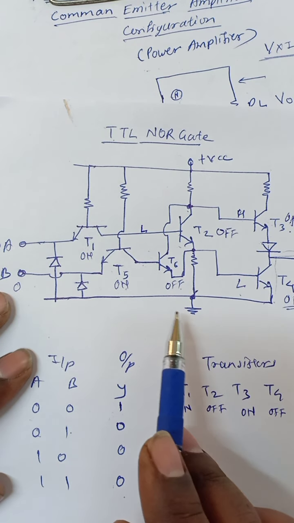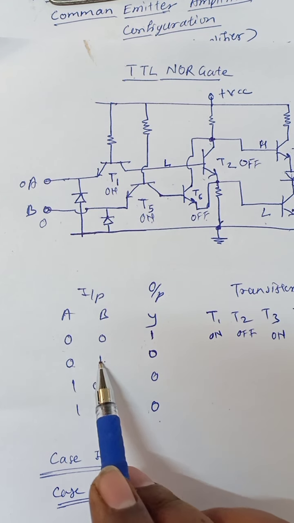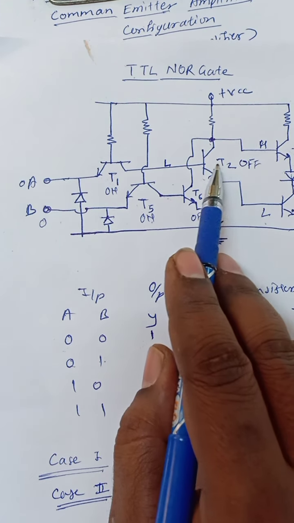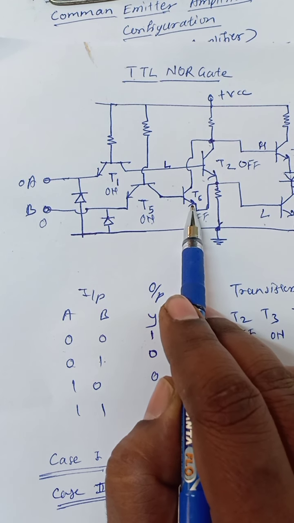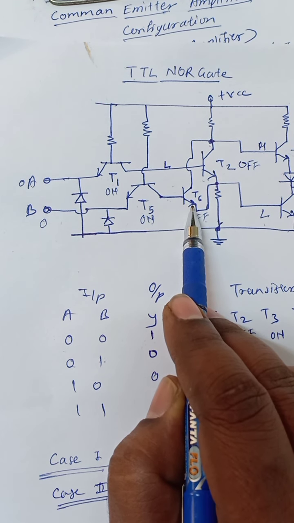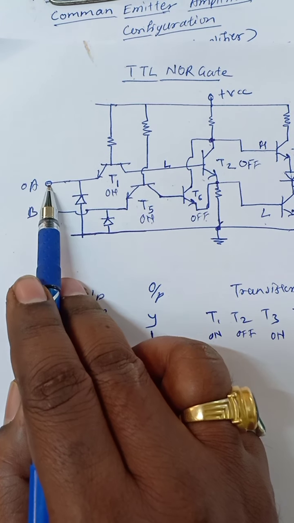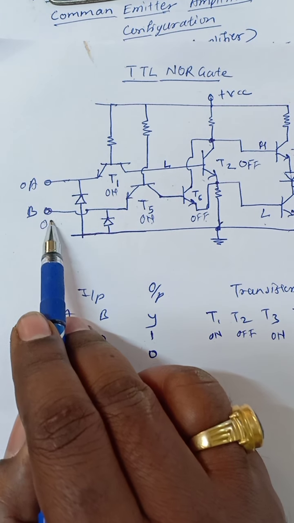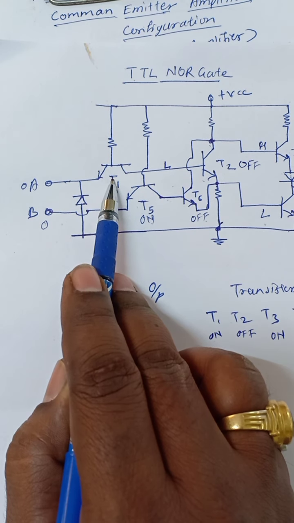So if we consider this state 0 1, it is clear that T2 will turn off and T6 will turn on. If it is the 1 0 state, where A is 1 and B is 0, in this state this one will turn on and this will turn off.